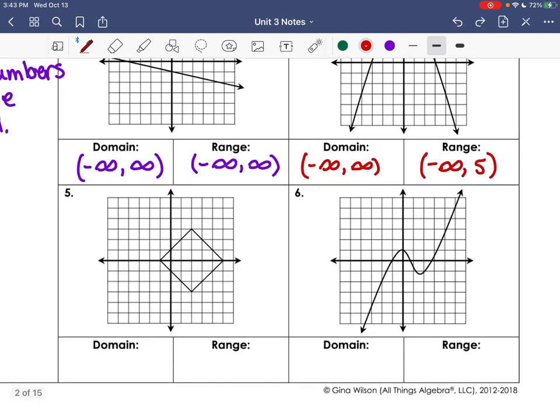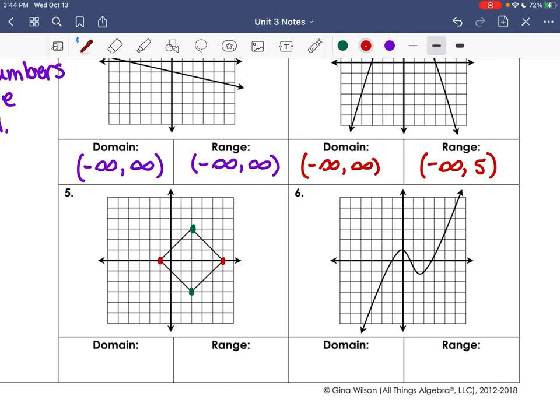Number 5 is a square turned on its side, kind of like a diamond. Also very similar to the circle in that it has a distinct left point, a distinct right point, a distinct bottom, and a distinct top. So we can put down the coordinates for these points and help us determine the domain and range.